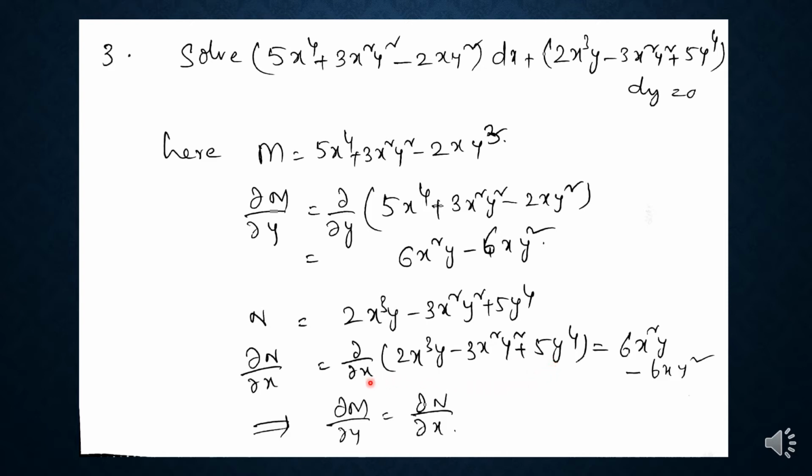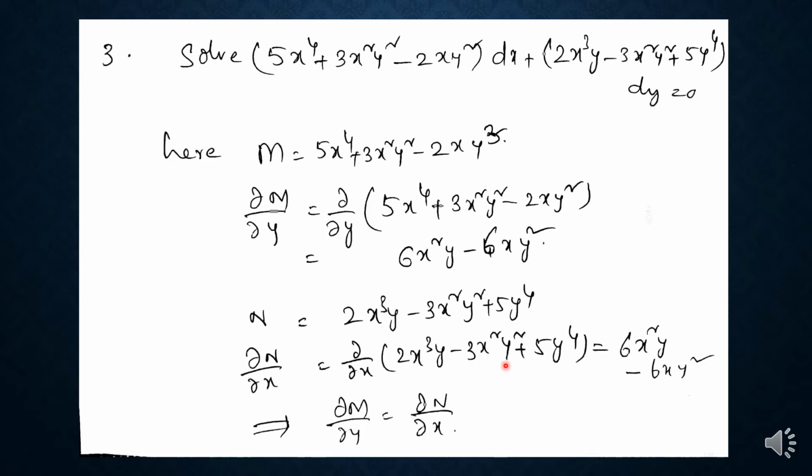So that is equal to, here y is the constant. So ∂/∂x of 2y into ∂/∂x of x³ is 3x², 2y into 3x², that is 6x²y, minus ∂/∂x of 3x²y², means minus 3y² into ∂/∂x of x², that is 2x.